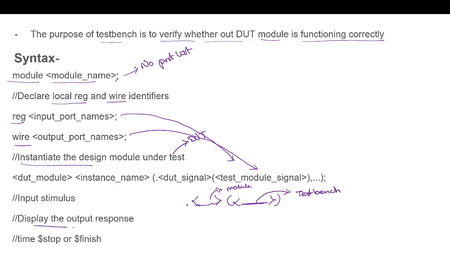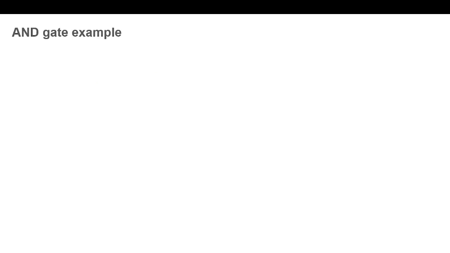Then we can display it. We can also print it or use dollar monitor. Then to stop or finish, dollar stop and dollar finish. Two statements can be used this way. And then endmodule.